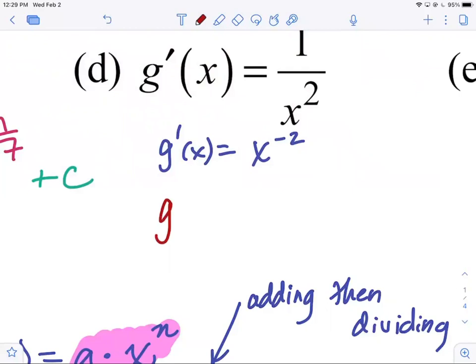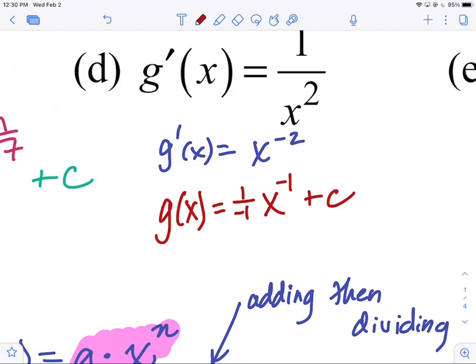On the left side, we just get little g of x, remove the prime. The a in this case is the 1. There's just a 1 there. So leave a little space. We add and then we divide. We add first. So -2 plus 1 is -1. And then you either divide by -1 or multiply by the reciprocal of -1. I'll just keep that same format going. Plus c.